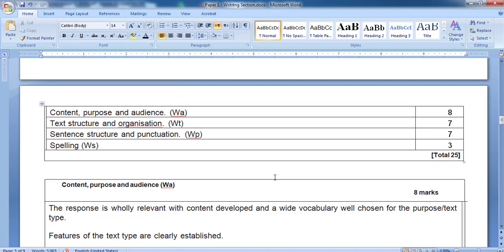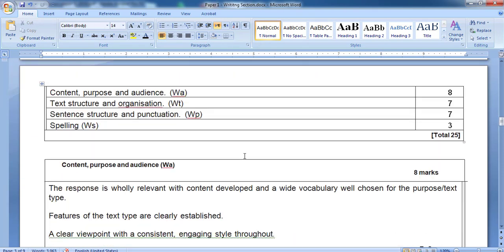It's something related to the person who is correcting or evaluating the writing. So in the mark scheme, you will find that Cambridge examination asking about content, purpose, and audience, they will give 8 out of 25.